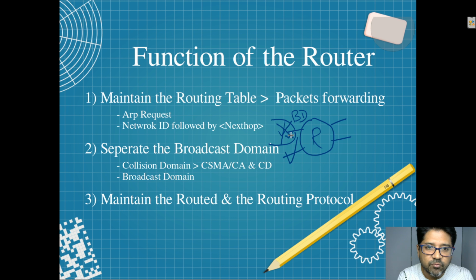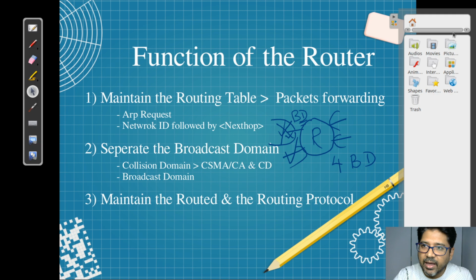It will be dropped, or the router is going to filter the broadcast. So each port is associated with a separate broadcast domain. If we have 4 ports in a router, we have 4 broadcast domains associated with that, and they can do the communication between those different networks. Okay, so this is the second function.